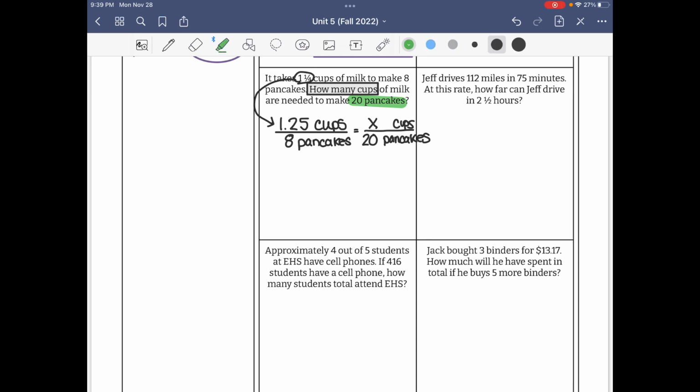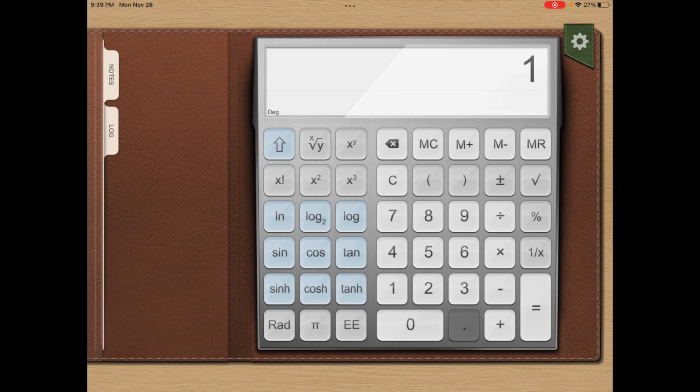Now, you've got it set up, you just cross multiply. 8 times X, 8x, equals 1.25 times 20. 1.25 times 20, 25.